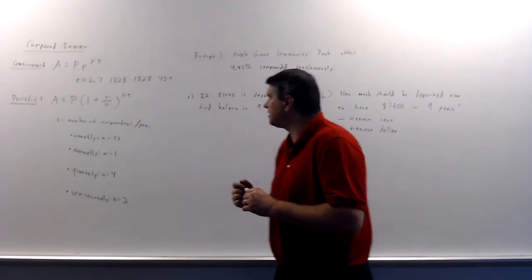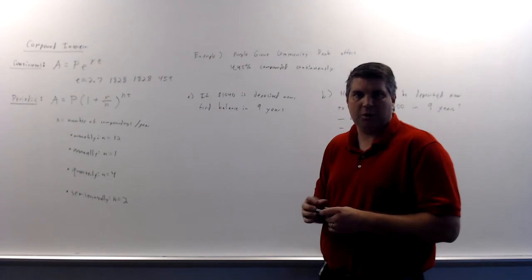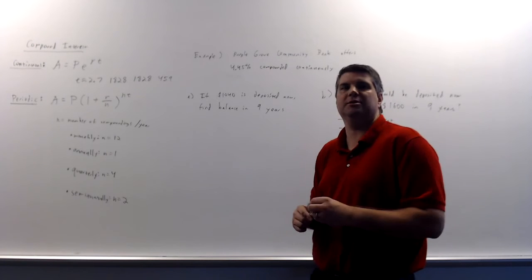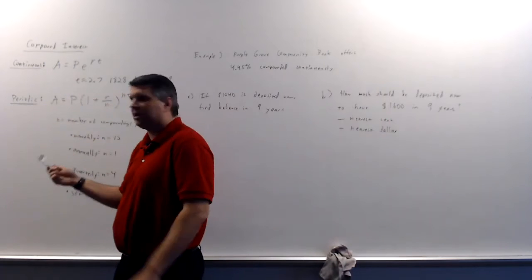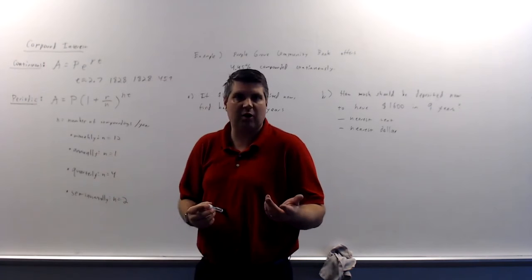Okay, here I'm going to discuss other types of interest. Compound interest has two subtypes: continuous and periodic. Now, some courses include periodic only, like college algebra classes.